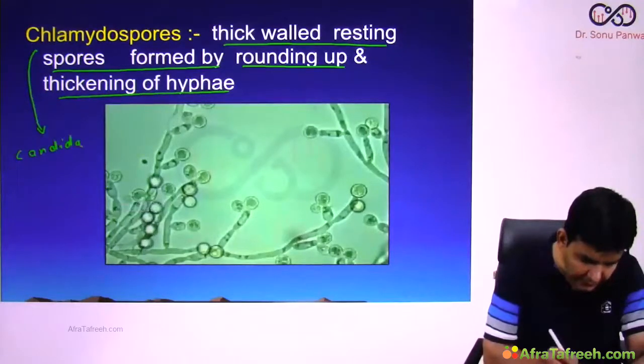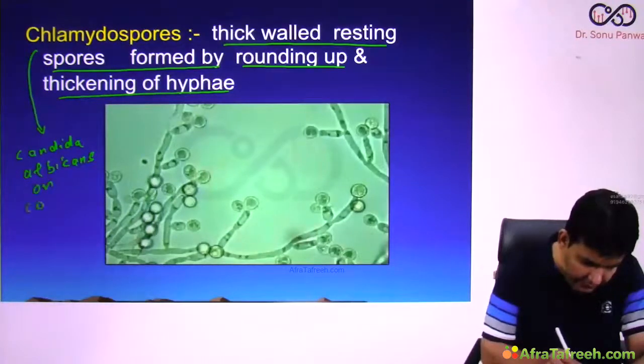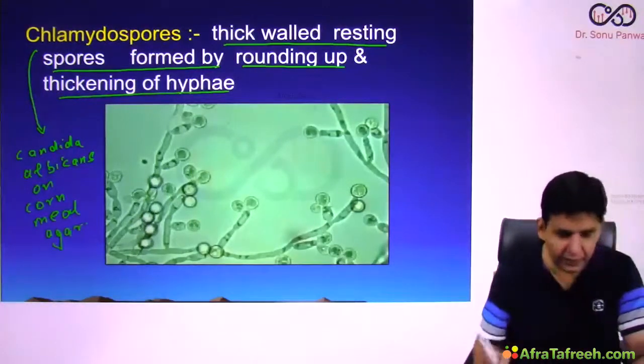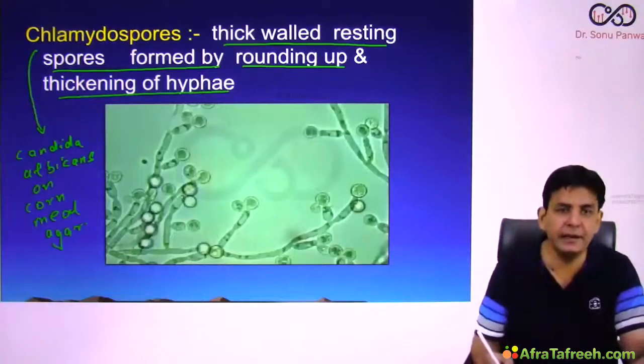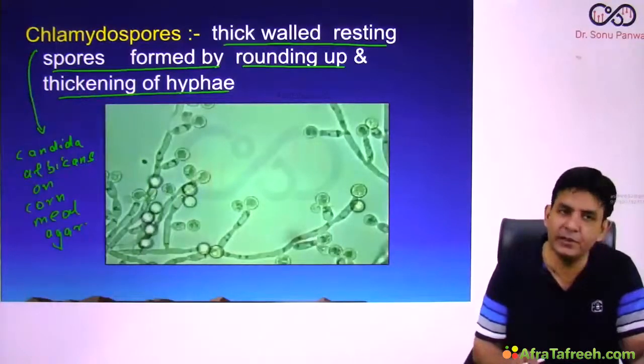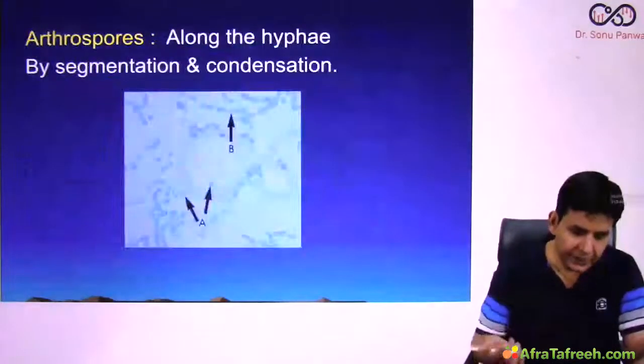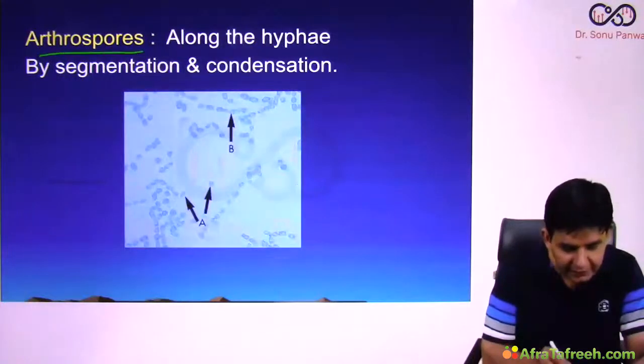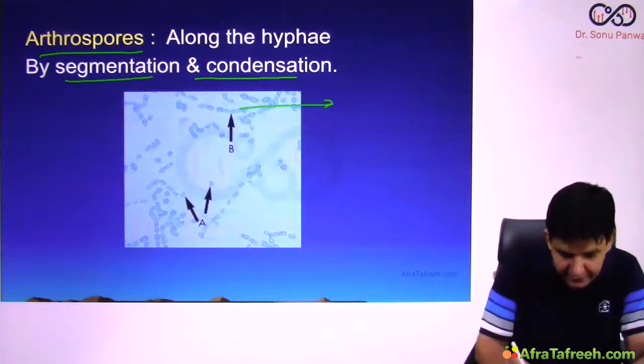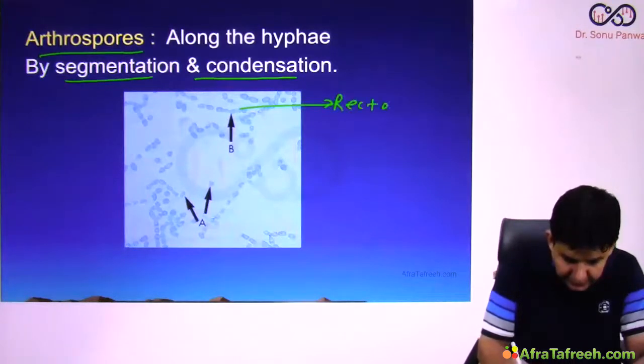And in fact, in Candida albicans, on corn meal agar, these chlamydospores are formed. Okay. Arthrospores form along the hyphae by segmentation and condensation, and they look rectangular.